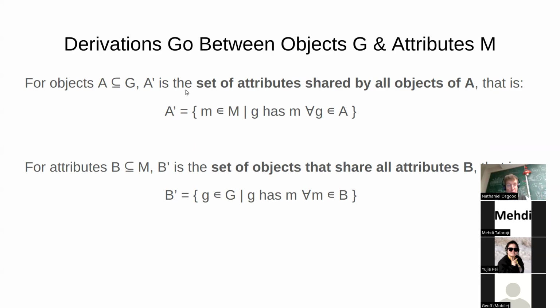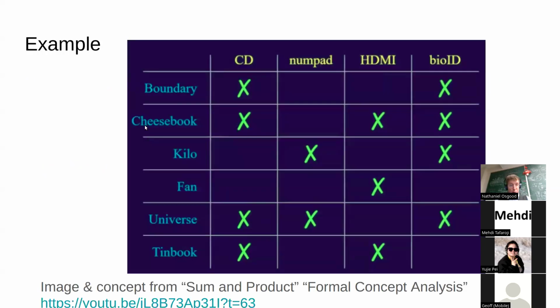What attributes will it tell us? Well, if we have a set of objects A, A prime we'll use to denote a set of attributes. What's the set of attributes that are shared by all of these objects of A? In other words, that have to be there for each and every object of A. So maybe your set A is the Boundary, laptop, and the Cheese Book.